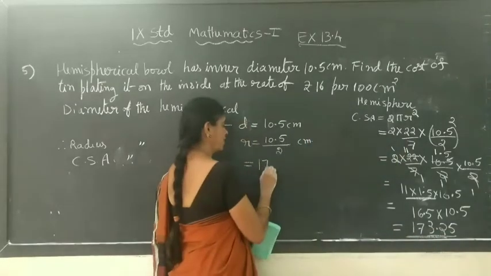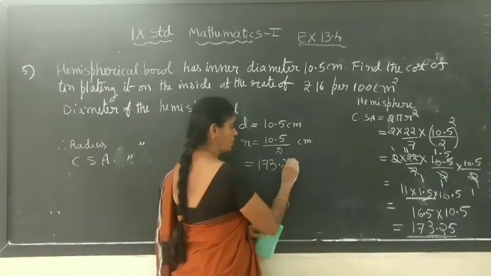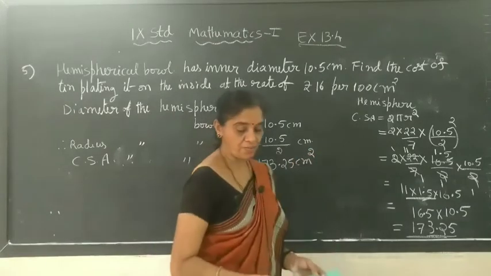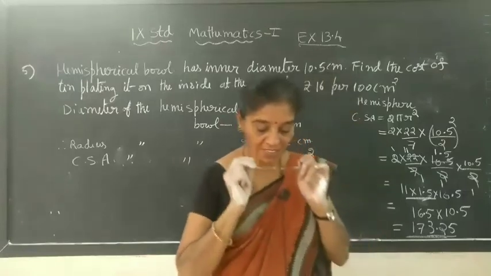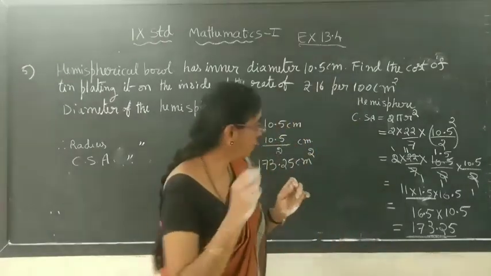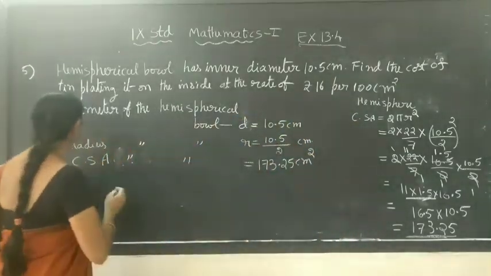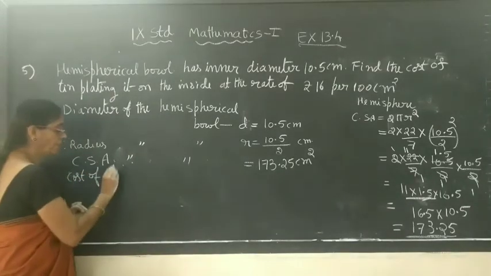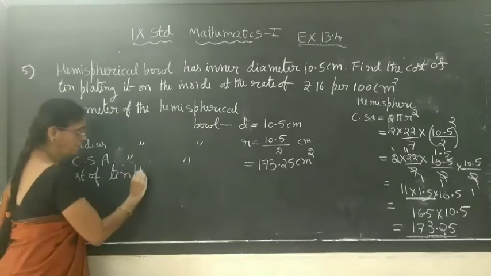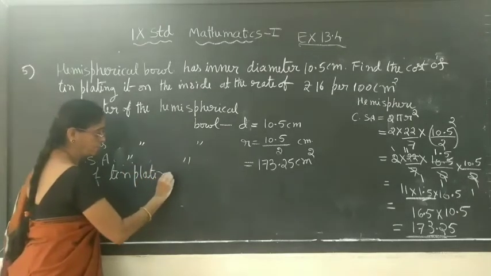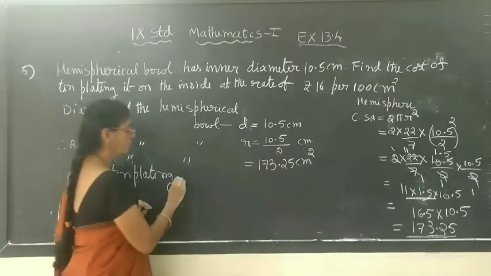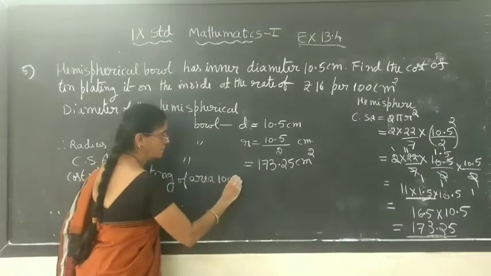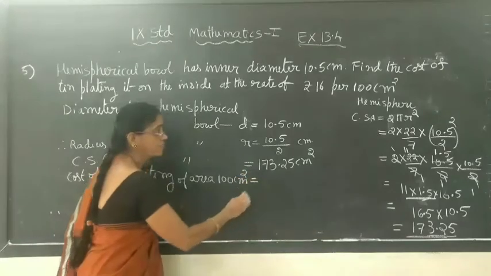So curved surface area is 173.25 centimeter square. Okay. Now we have to find the cost of tin plating of area 100 centimeter square, which is given.